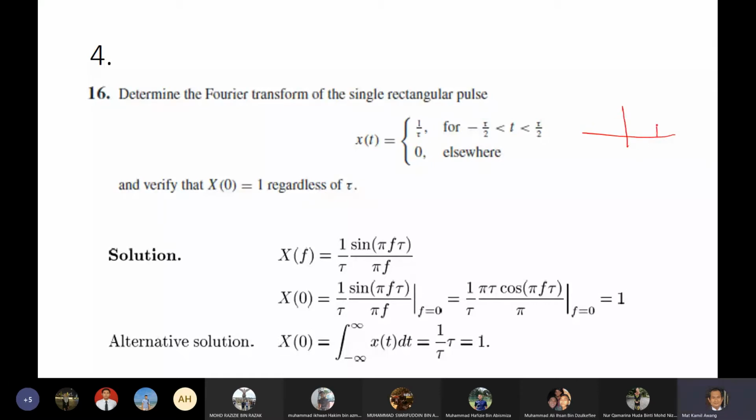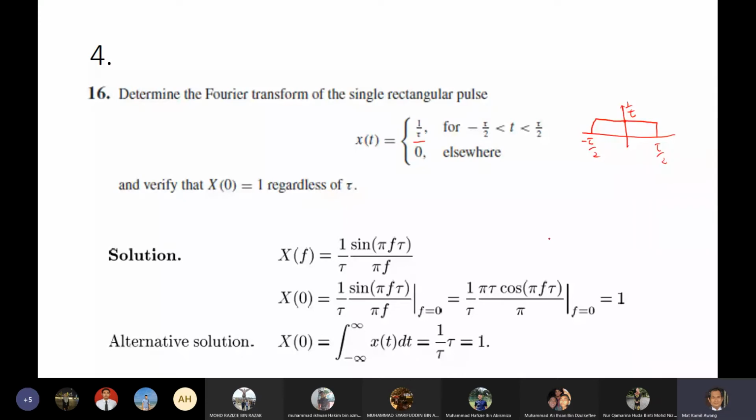You have it from minus tau over 2 to tau over 2, and the height is 1 over tau. This is the height, and the rest is 0.